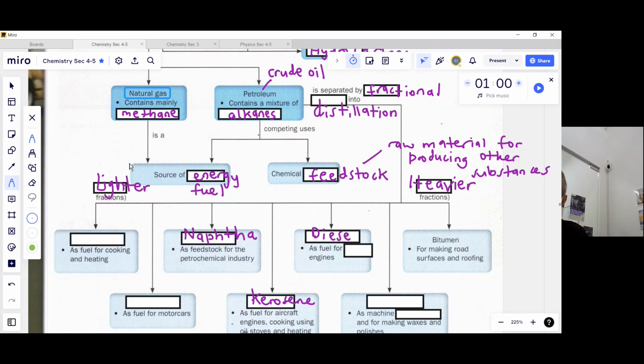Question, you better check all your spelling. Diesel is a fuel for what? Blank. Well, there are a few possibilities. I can put it as truck engines.